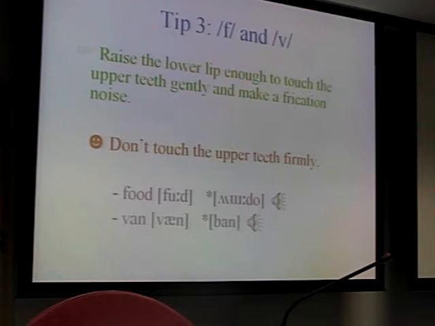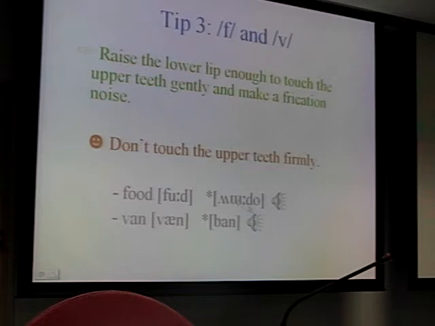And so food is pronounced as hudo. Yeah. So F is pronounced as hu, as in Fuji. We may transcribe this sound as a voiceless W, or I think it's enough.